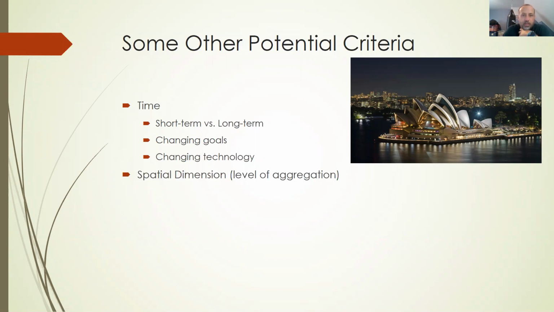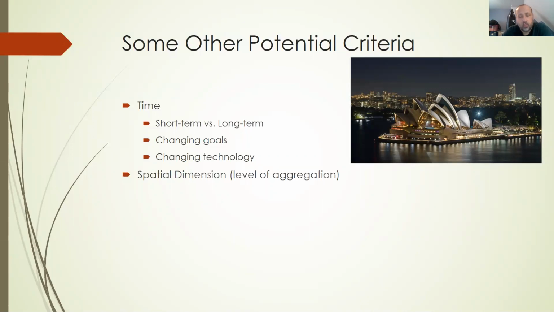There is a spatial dimension in terms of what level of aggregation we're talking about. What I mean there is, are we talking local level, county level, state level, federal level, world level? Again, this becomes important with things like environmental policy, where there's a lot of spillover effects. If, for example, California institutes more serious greenhouse gas emissions requirements, that doesn't only affect California and Californians.